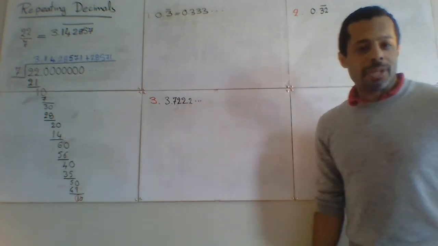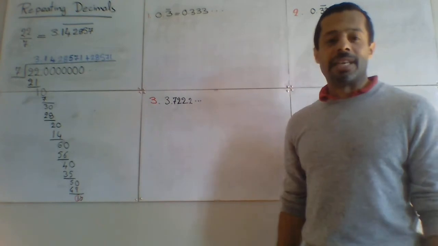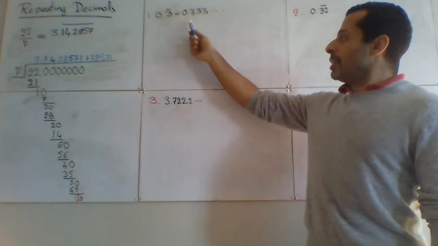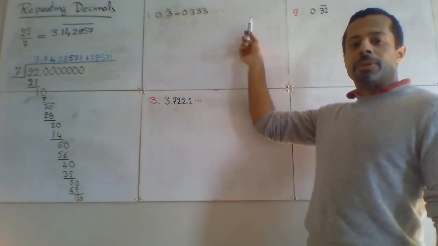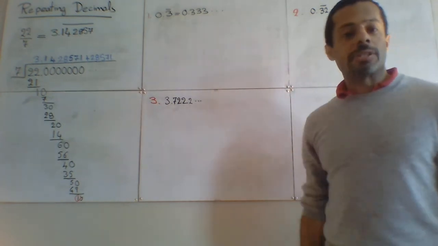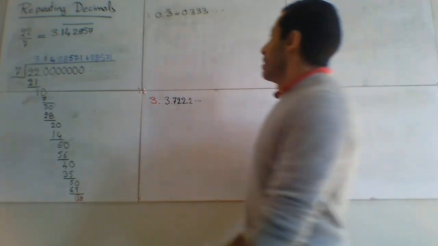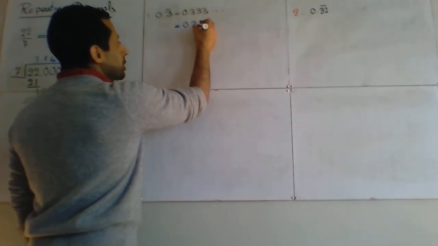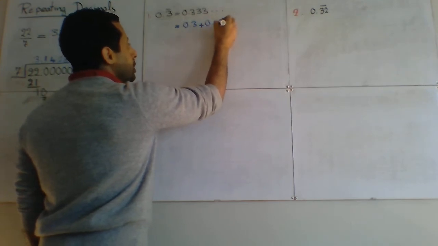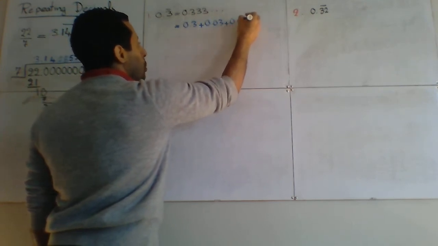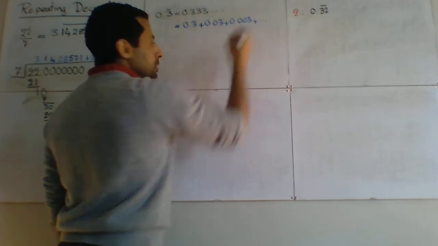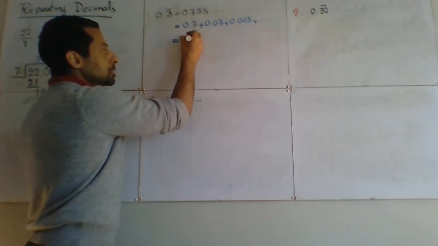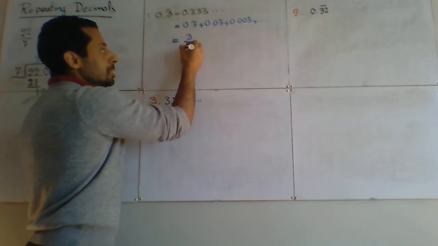But suppose I don't know that and I want to find this myself. How can I do it? Well, I have to understand the meaning of this decimal expansion. This decimal expansion is actually an infinite series, because it is 0.3 plus 0.03 plus 0.003 plus etc. You can rewrite each decimal as a fraction.